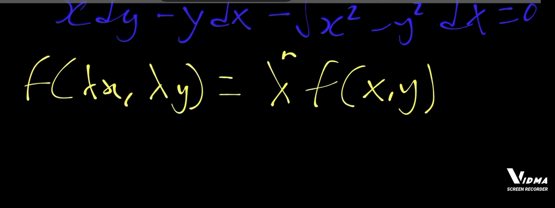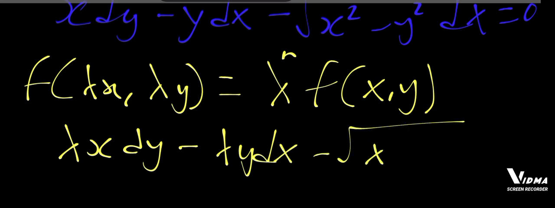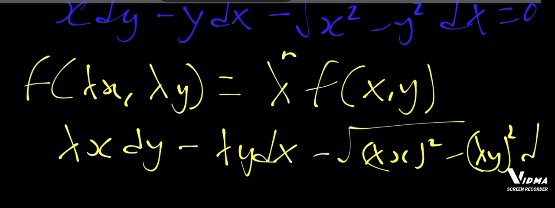So in doing that, I'm going to have lambda x dy minus lambda y dx minus square root of lambda x all squared minus lambda y all squared dx, and is equal to 0.